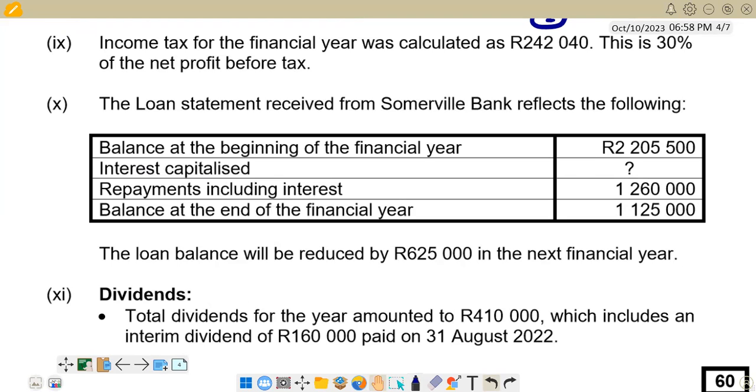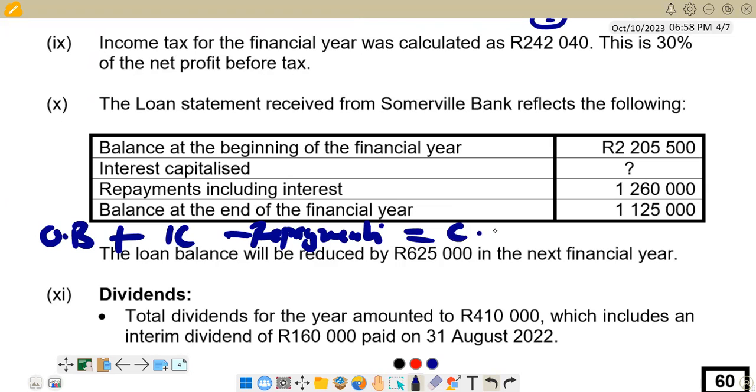If we are given these balances, the formula to find that interest is: opening balance of interest, add interest capitalized, subtract repayments, and we get the closing balance.